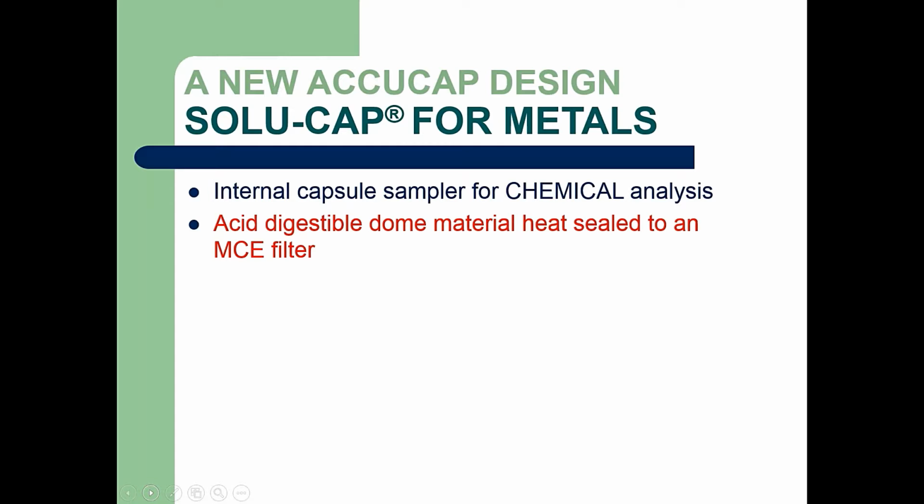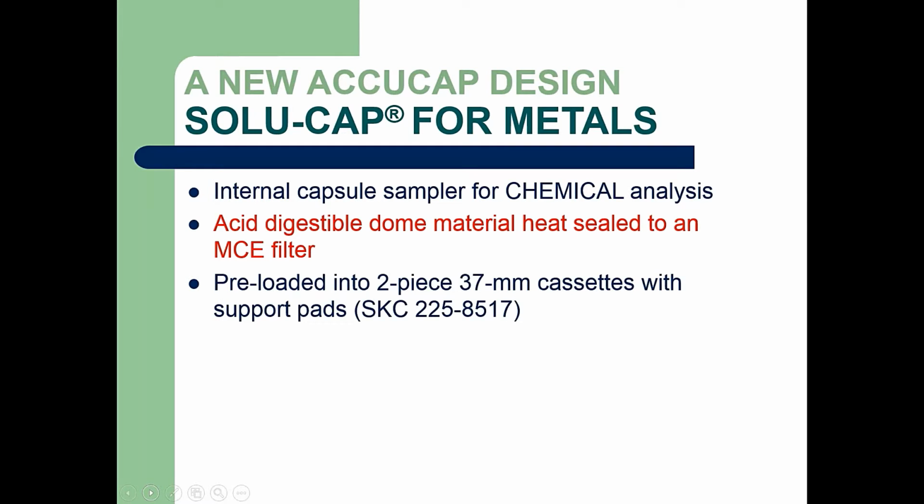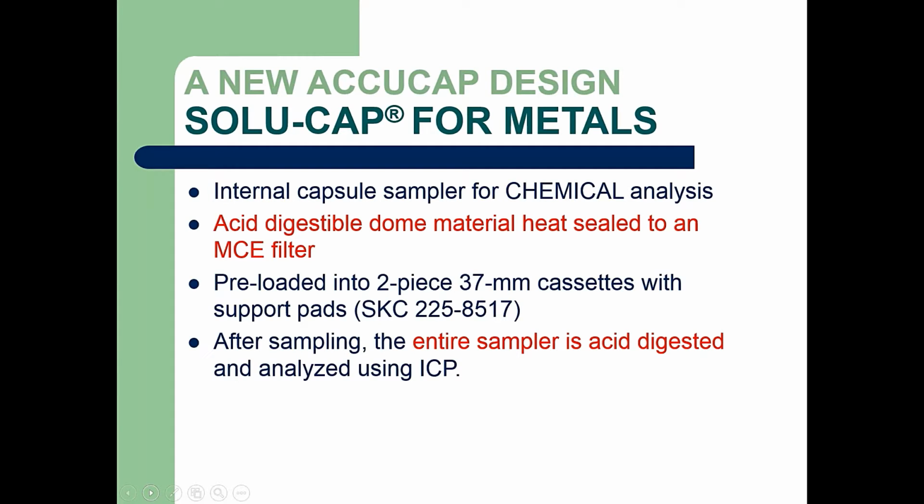It's being used for metals. SKC calls this design the Solucap, and like the Accucap, the Solucap is placed into a traditional 37mm two-piece cassette with support pad. After sampling, the entire device is acid digested for ICP analysis.